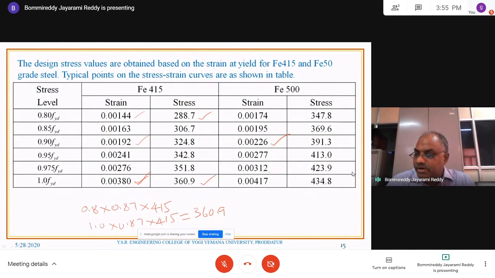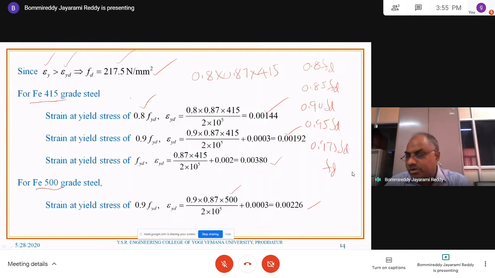So don't memorize any of these things, it is not required. Whenever a question arises for computation of the strain or stress, you know how to calculate the strain values at this level. 0.9 times the design yield stress means 0.9 times the yield stress divided by the modulus of elasticity, and you will get the strain.